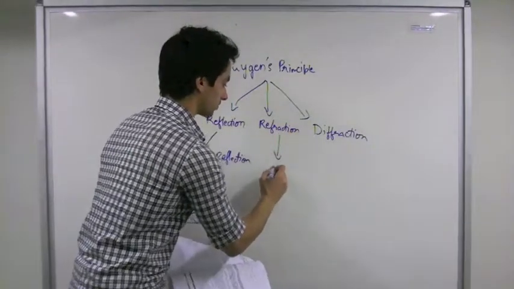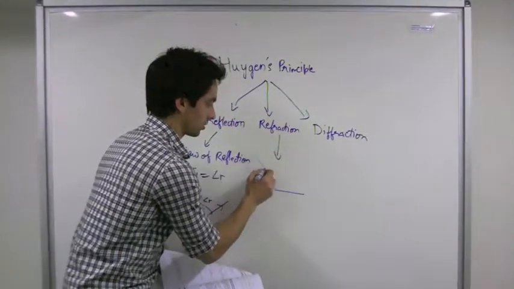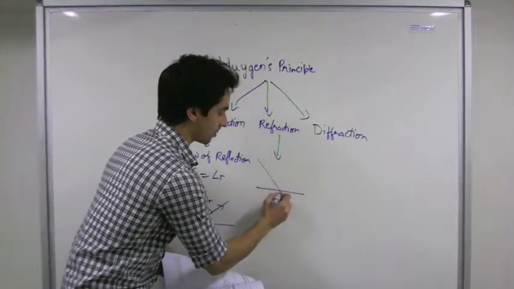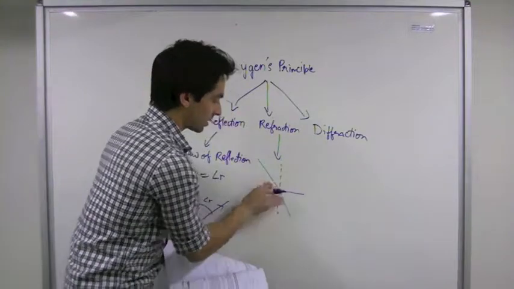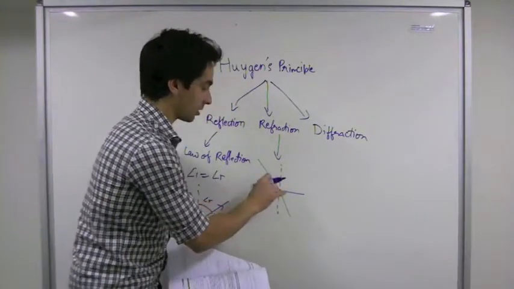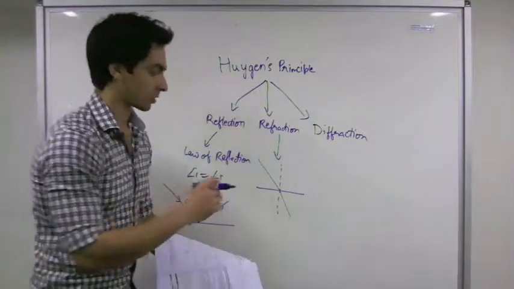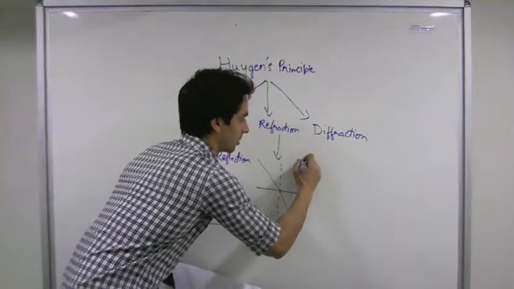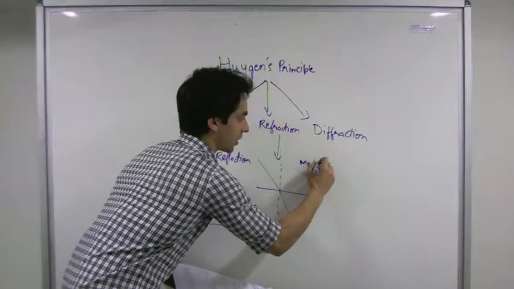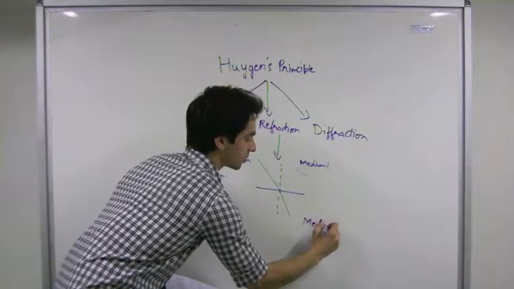Refraction: when a wave crosses from one medium to another medium, at the boundary layer there is a bend in the wave's direction due to refraction, and this happens when the speed of the wave in medium 1 is different from the speed of the wave in medium 2.